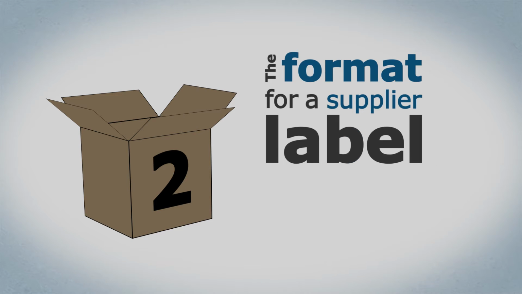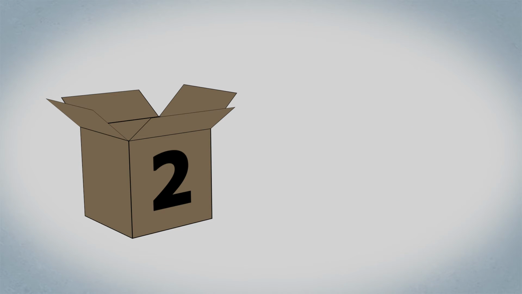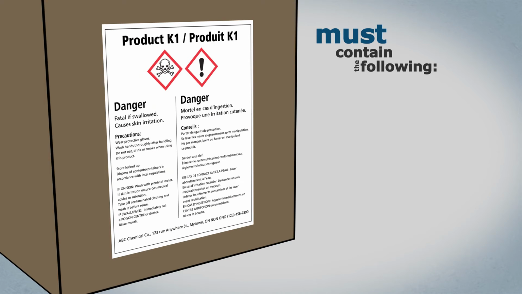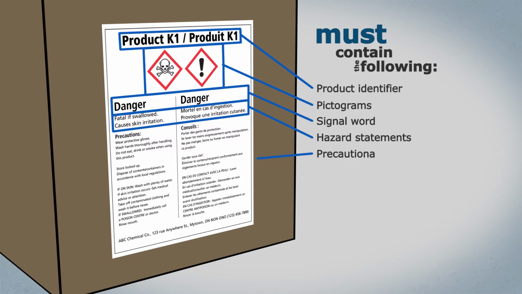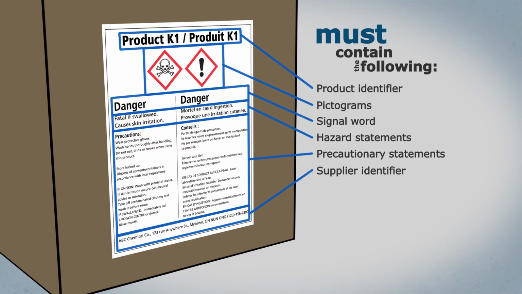Number 2. The format for a supplier label is flexible, but the label must contain the following: product identifier, pictograms, signal word, hazard statements, precautionary statements, and supplier identifier.